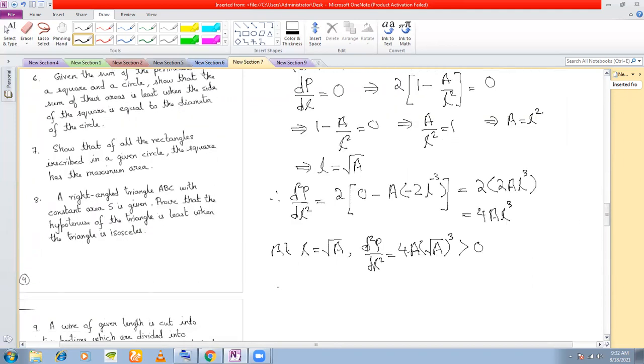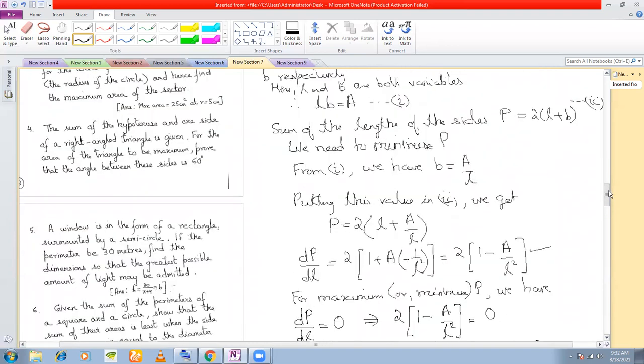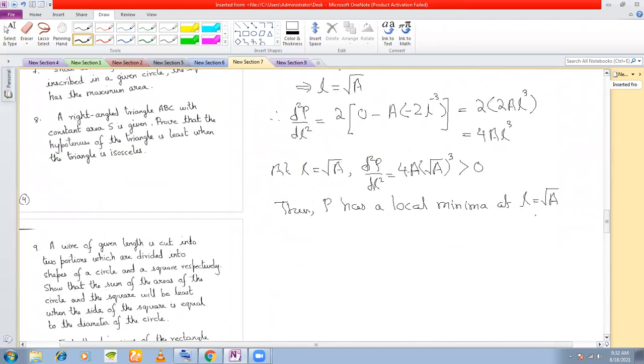That means at L is equal to root a, P has a local minima. That was what we wanted to do. We needed to minimize P, and we are getting a point of local minimum at L is equal to root a. Thus P has a local minima at L is equal to root a.